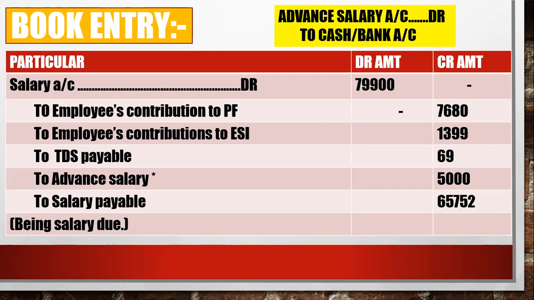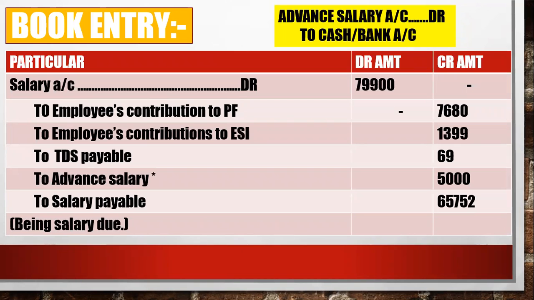Okay, so we'll start from advance salary first, because in this book entry we have taken the advance salary. When you are paying it, the entry will be: advance salary account debited to cash bank. Because if you are giving someone advance salary, it means I have given you the salary but I have not yet received the service. The service will be receivable in future, and anything receivable in future is called an asset.